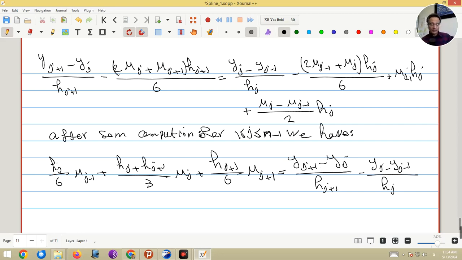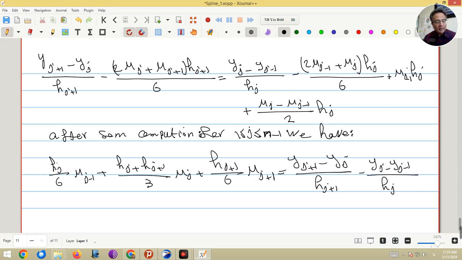this equation. What we did exactly, in fact, I know that I have to find the values of mj, okay, so I keep all terms with an mj in the left hand side.